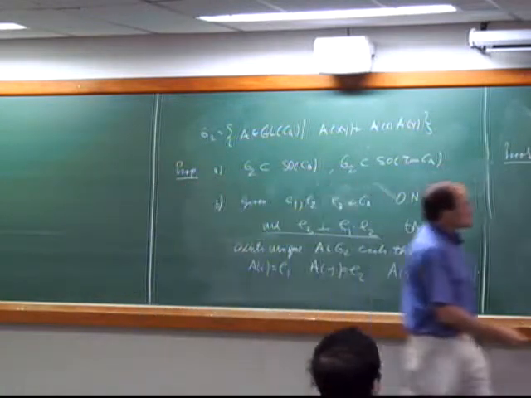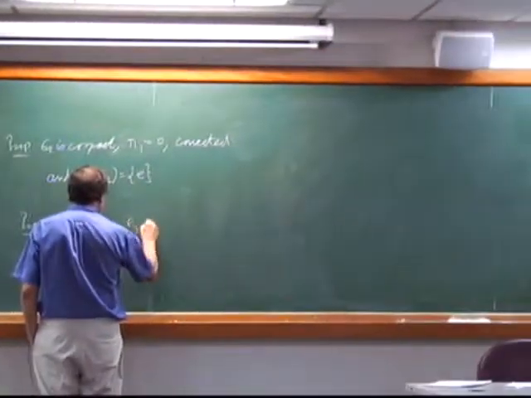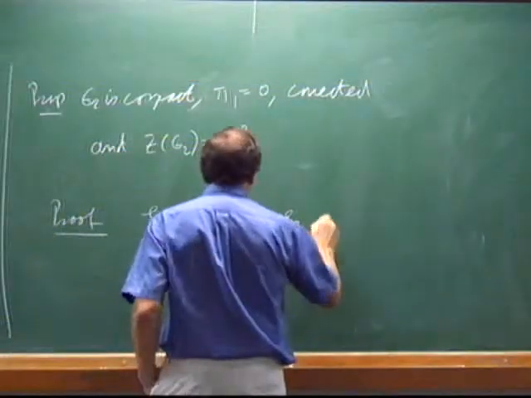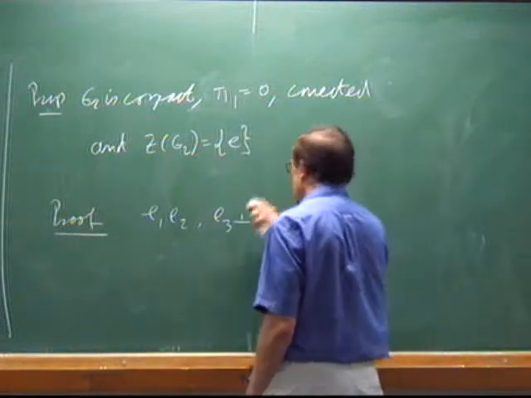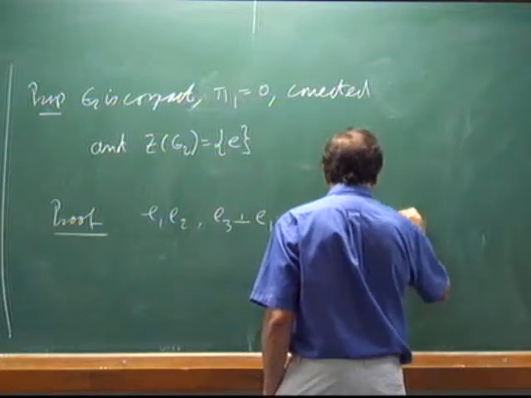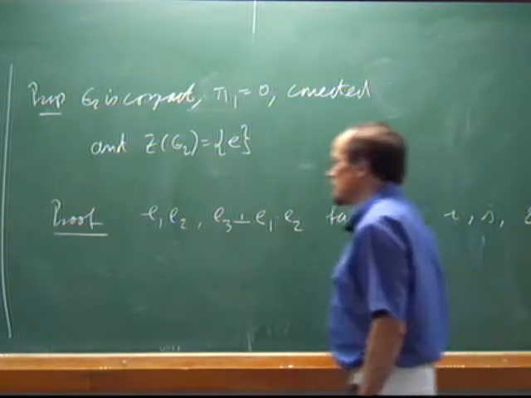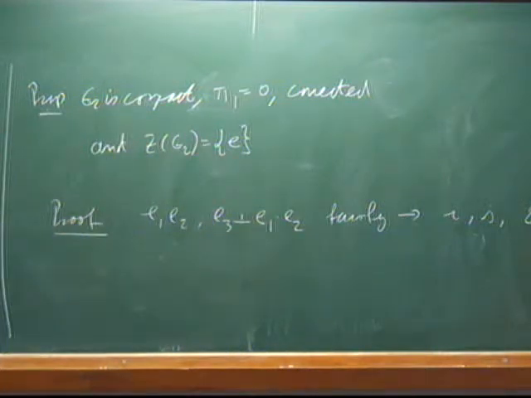So I can find a family that takes this to I, J, and epsilon. It's compact, again, because it's described by 3 orthonormal vectors.